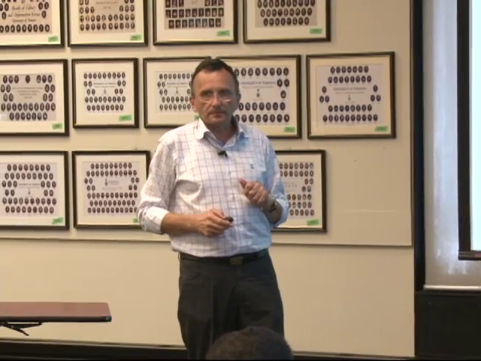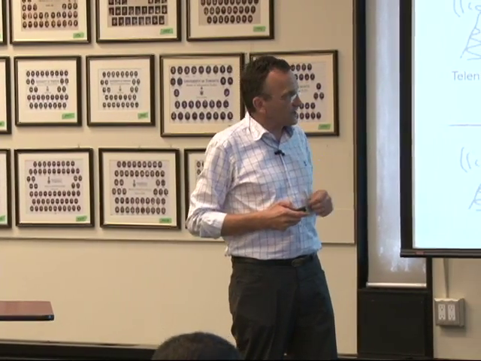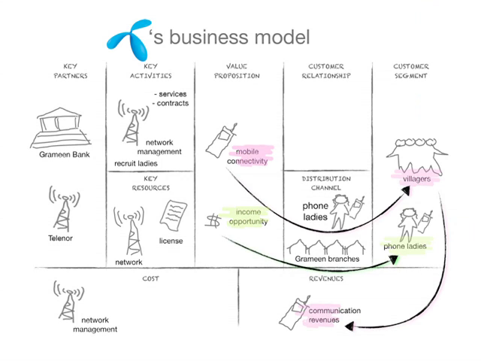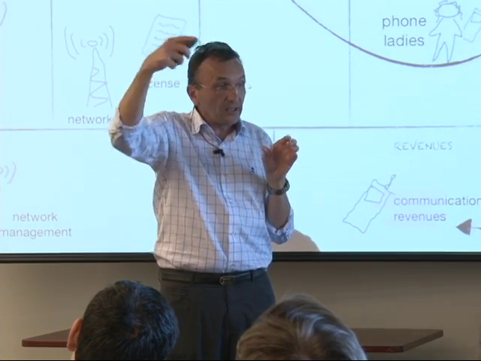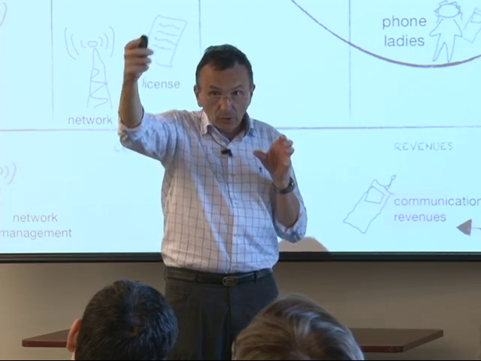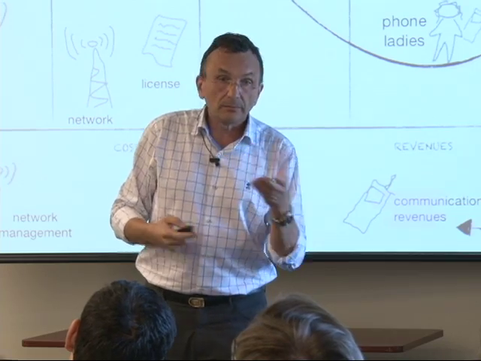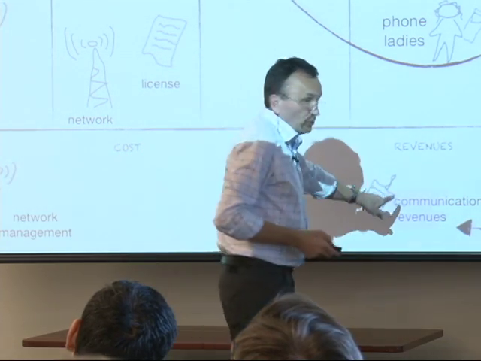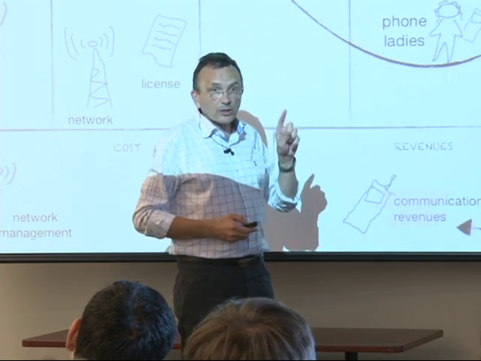That's the first part. And here we come with the social mission related to this business. They say the ladies in the village could be the channel for reaching the villagers. So the lady has the phone, and if you want to phone somebody to sell your goods somewhere else, you have to borrow this phone and pay for this, which is normal because it's revenue coming from the communication. But those ladies will also be a customer for them.